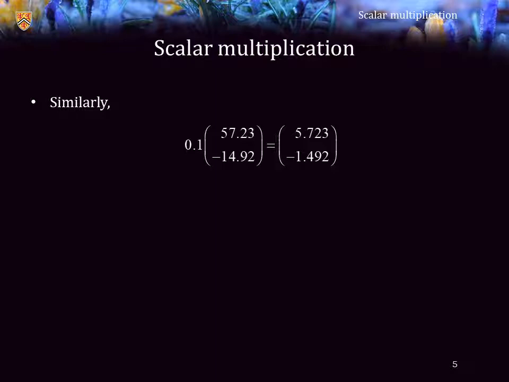Similarly, multiplying this vector here by 0.1 gives us a vector where each entry is multiplied by 0.1. Multiplying each entry in this given vector by -1.5 makes the first entry the positive value 794.715. The second value is now -67.635.